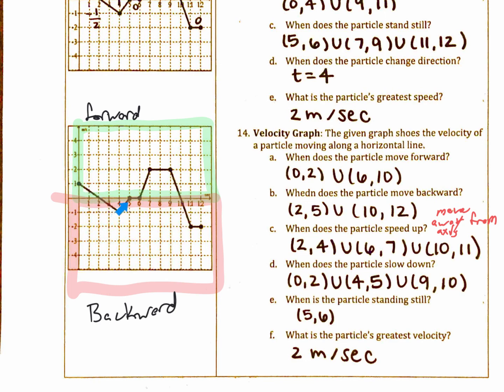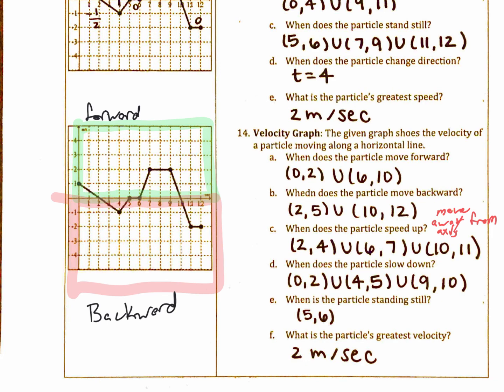But then from 4 to 5, we kind of come back in. From 6 to 7, we're breaking away from the x-axis, so our acceleration is getting more and more. And then we kind of stand still, and we're decelerating here. And then we accelerate again. This time we're accelerating in a backwards motion, so our velocity is becoming more negative. So from 10 to 11.